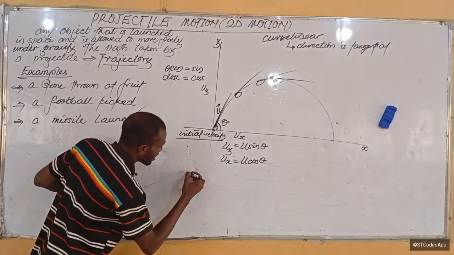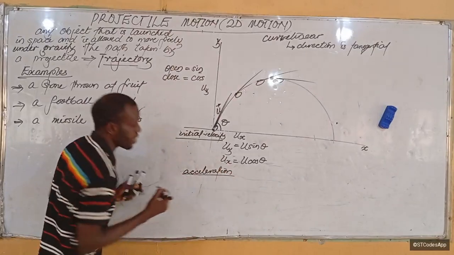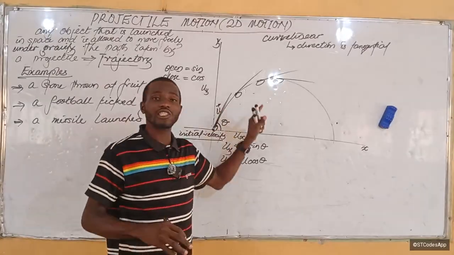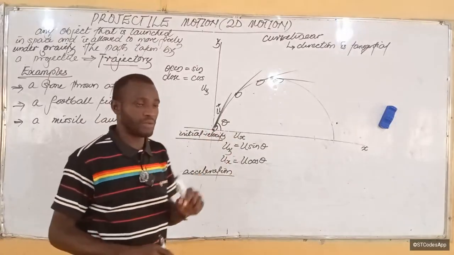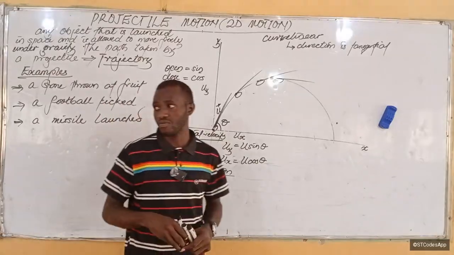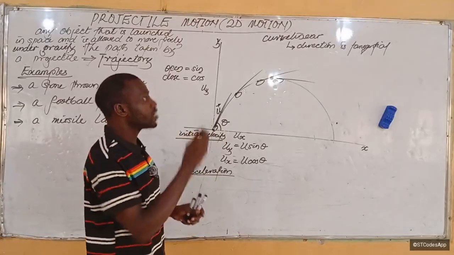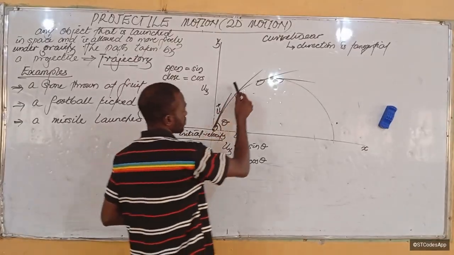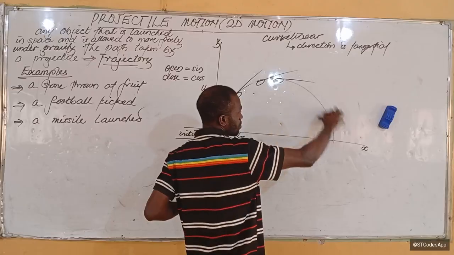Let's talk about the acceleration of the body. Why do we know that this body will accelerate? We know that it's accelerating because the velocity of this body is changing in one component, but not in the other. What do I mean? If you have seen my video on vertical motion, I have told you that if I throw this object up, it will get to a particular height and then begin to come down.